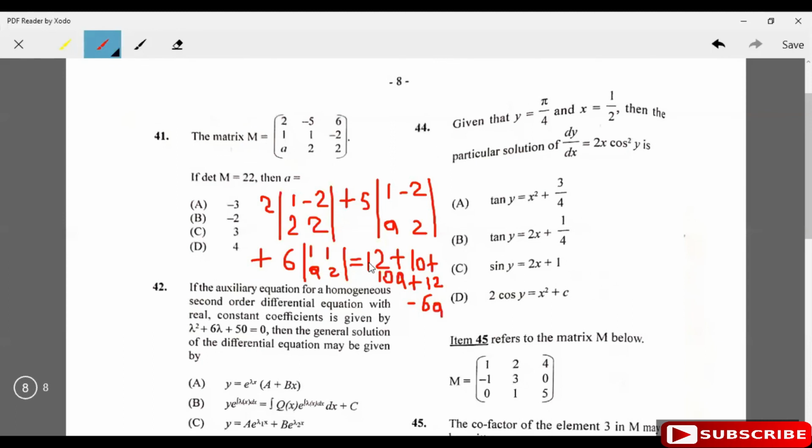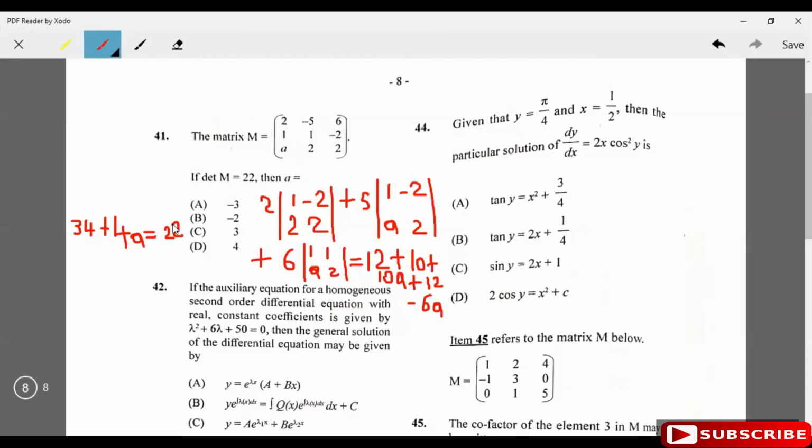So all of this simplifies to 22. 22 and 12 is 34, and this looks like 34 plus 4a, and that equals 22. That's what it looks like.